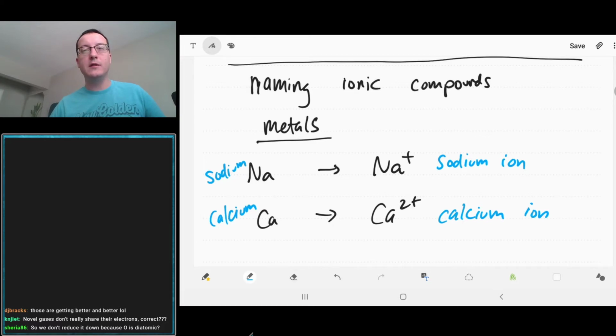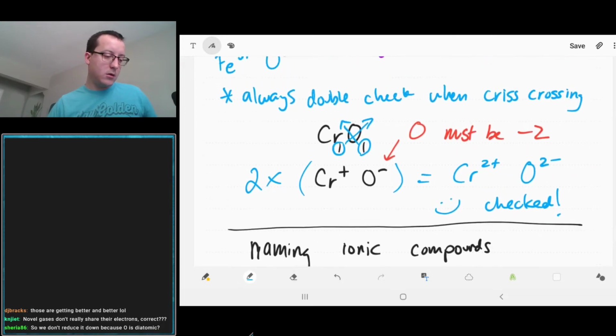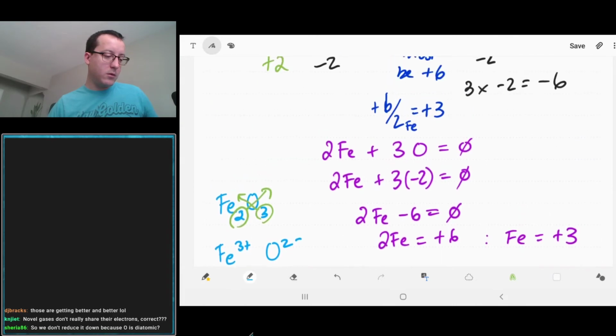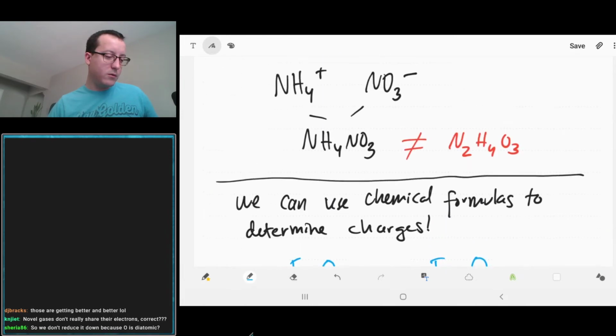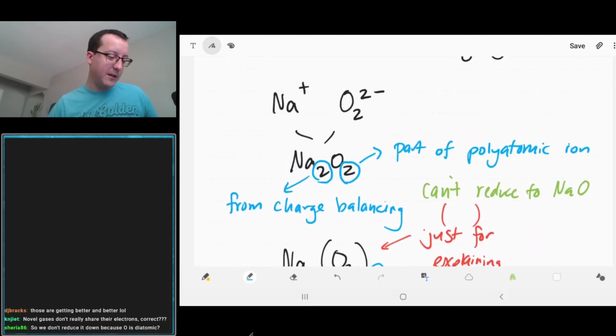We don't reduce it down because oxygen is diatomic. Where are you from? Which one? I'm not quite sure. You mean like this one here?